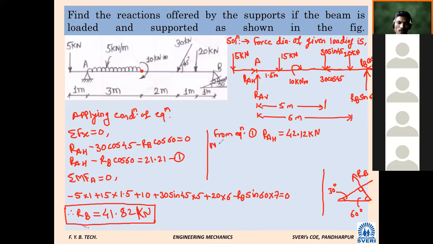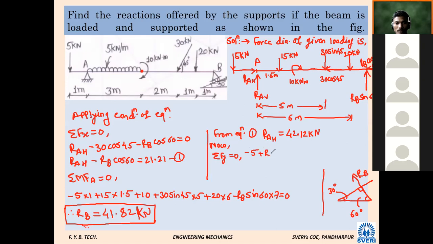Now summation Fy is equal to 0, because we want to find RAV. Who will tell the equation? The 5 kilonewton force is minus.